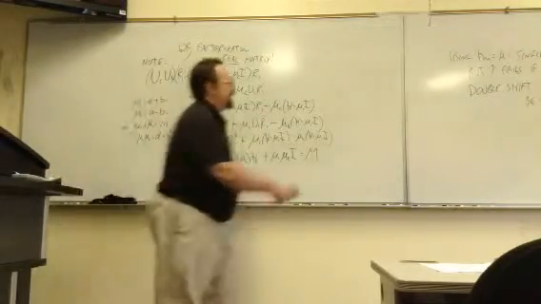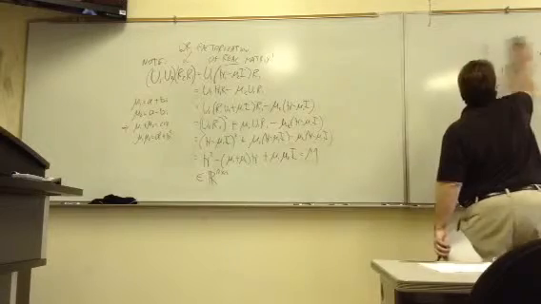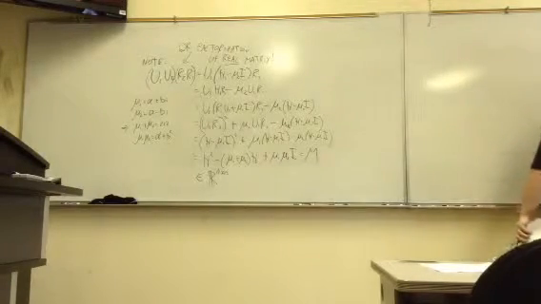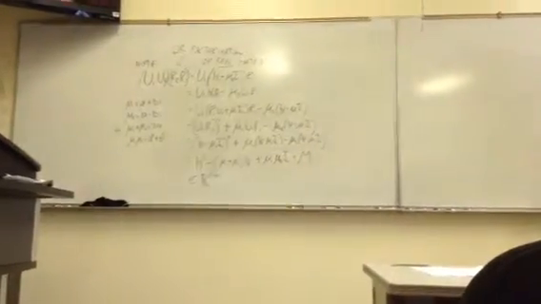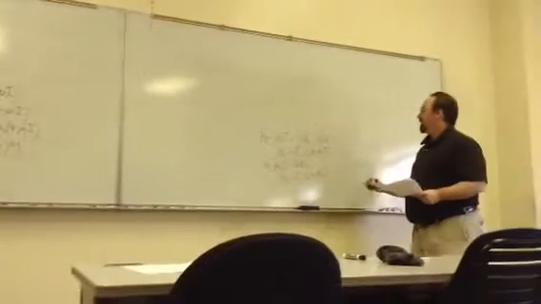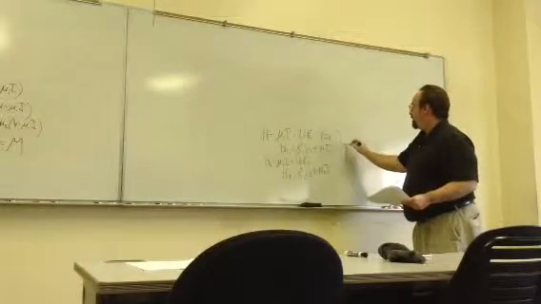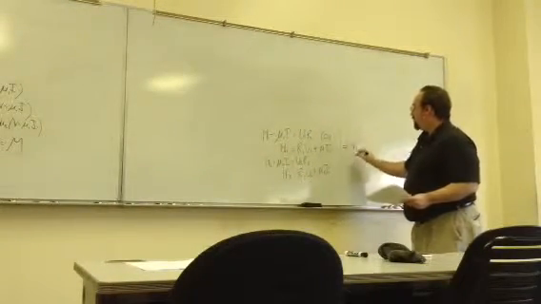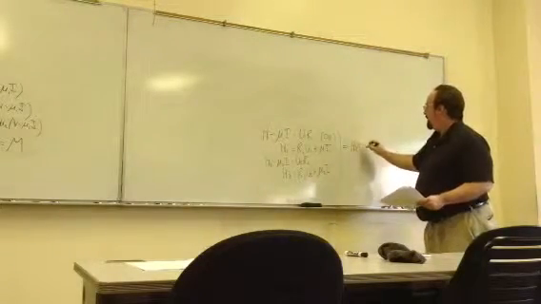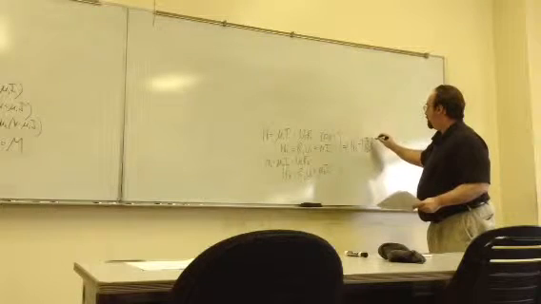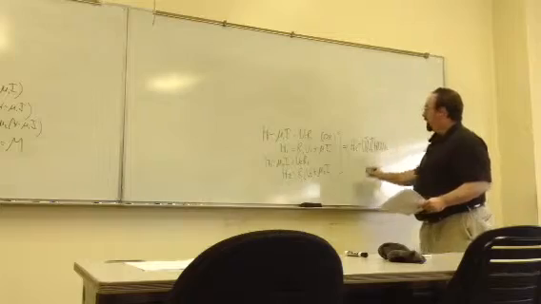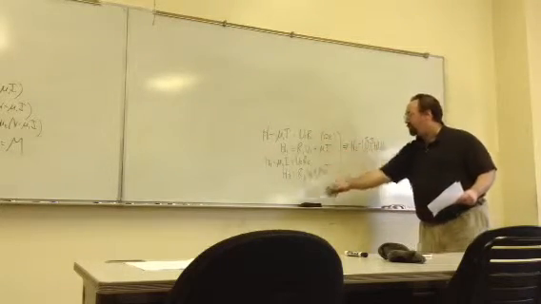Another observation I can make that actually follows directly from what I wrote down earlier. All of this tells me that H2, my output matrix, is a pair of similarity transformations applied to H. Because this applies one similarity transformation, this applies another.